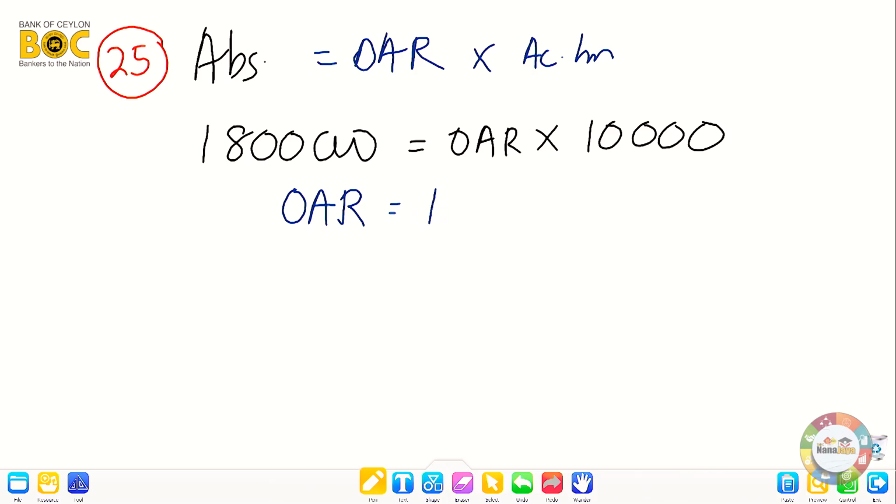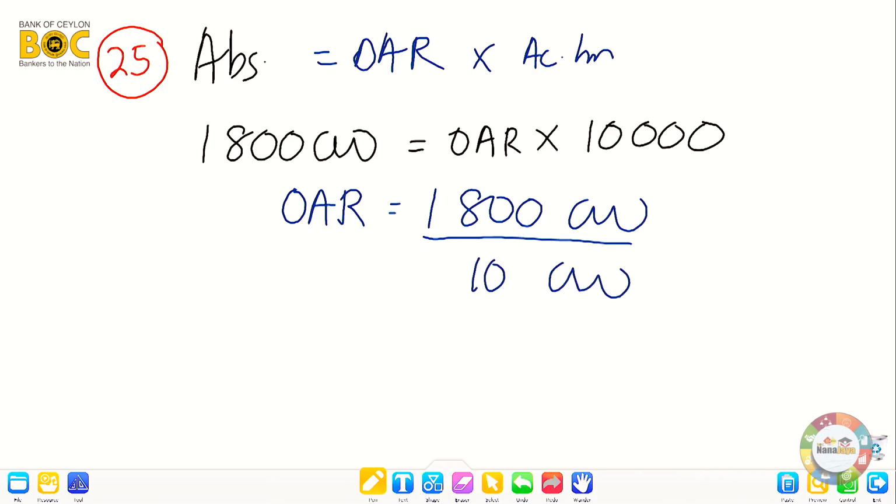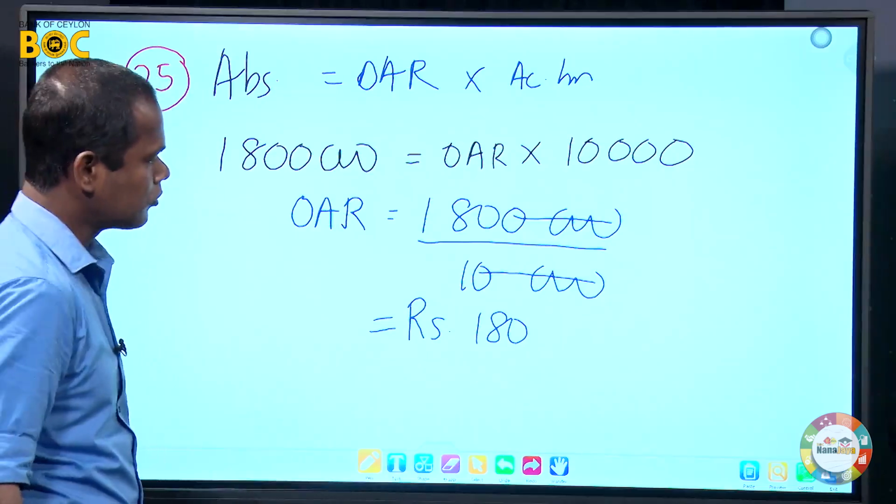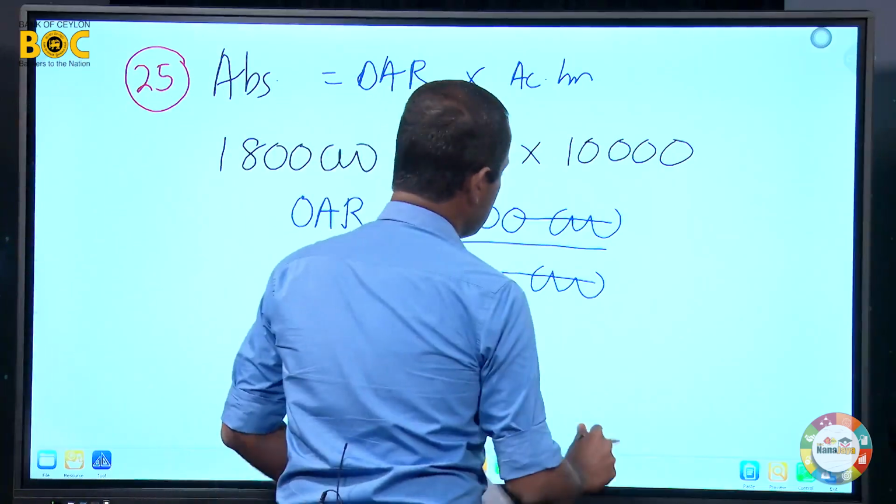How? 1,800,000 you divide by 10,000. 180 rupees per what's the basis?